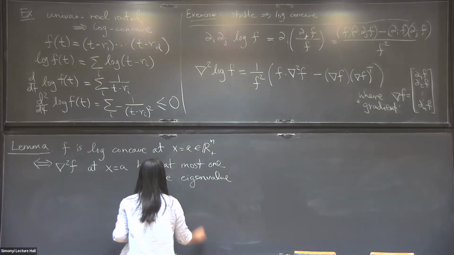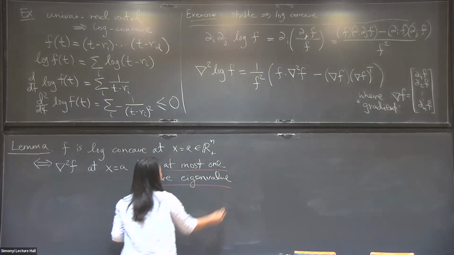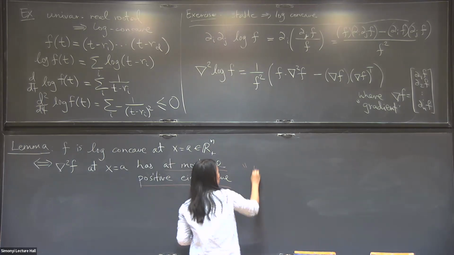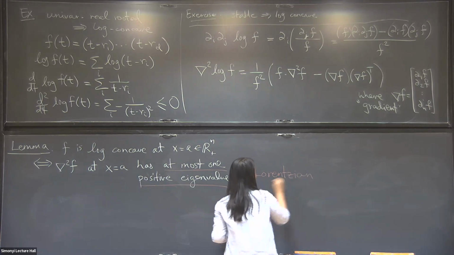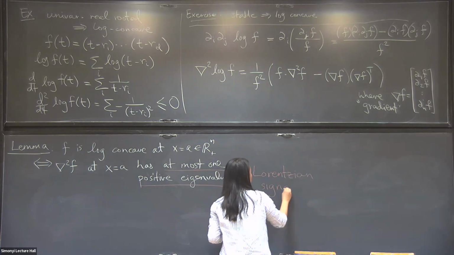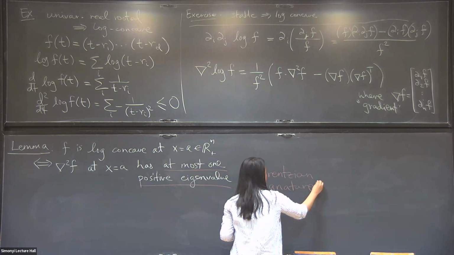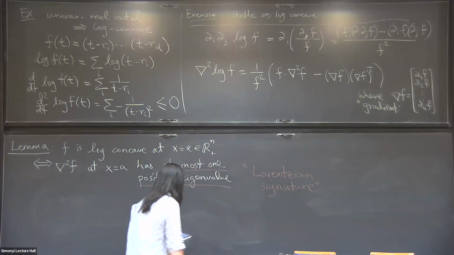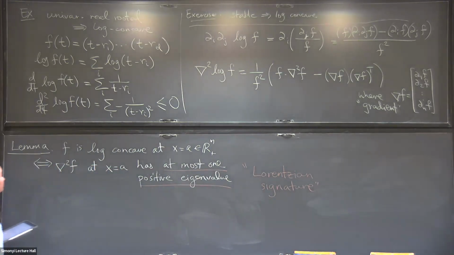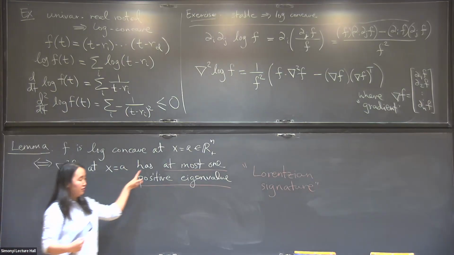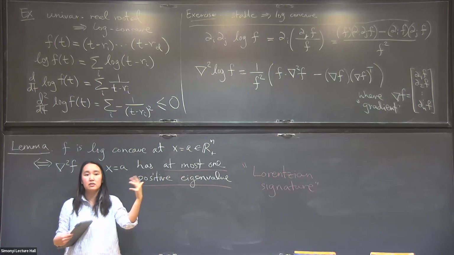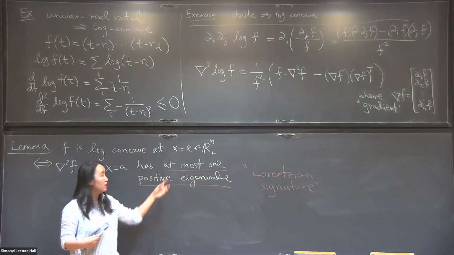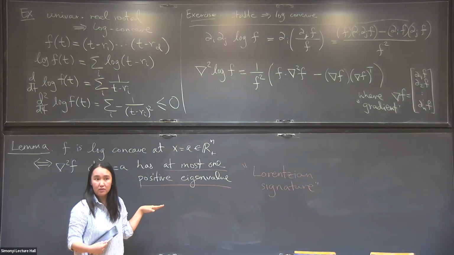This condition of having at most one positive eigenvalue means that this matrix has Lorentzian signature. Lorentzian polynomials are defined using this kind of property, that certain Hessians of derivatives have at most one positive eigenvalue.